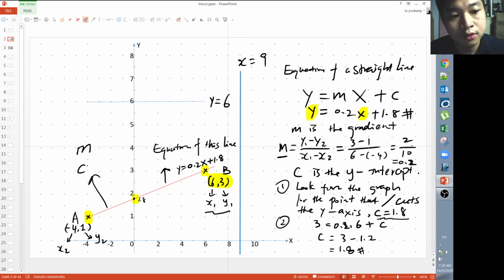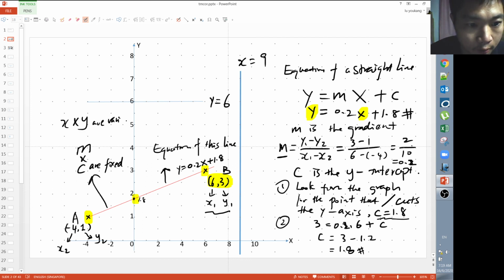These two are not variables. m and c are fixed for this red straight line, while your x and y are variables. What I mean by variables is that x and y keep changing along this red line.